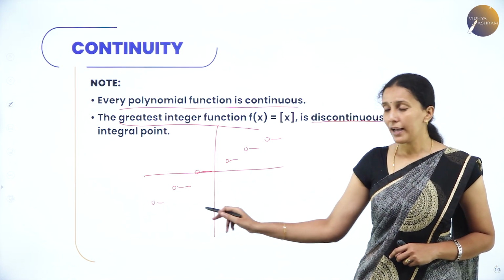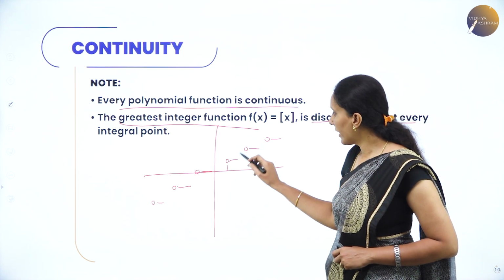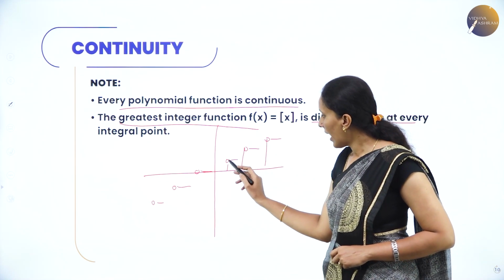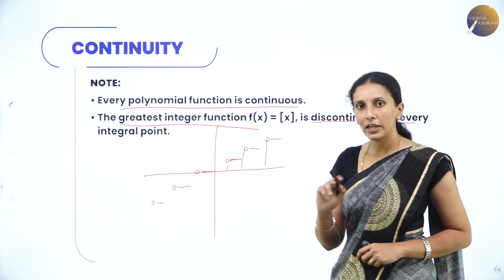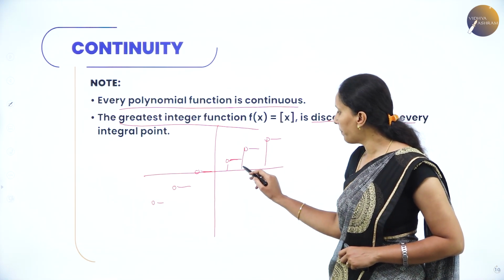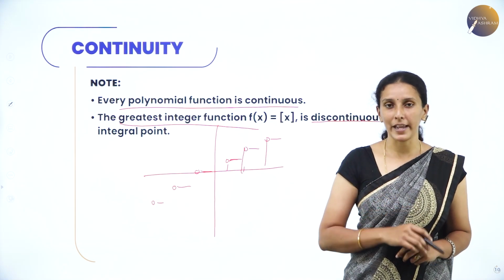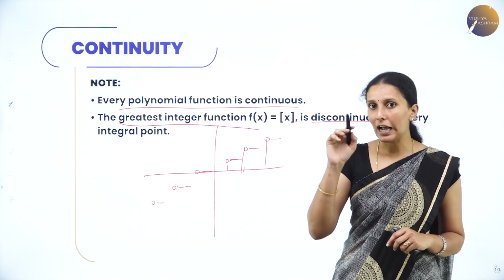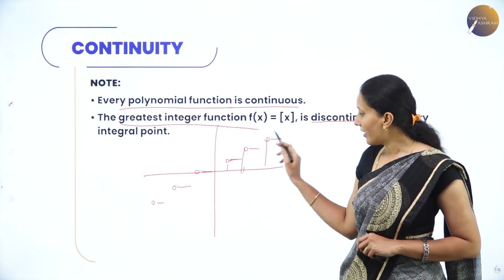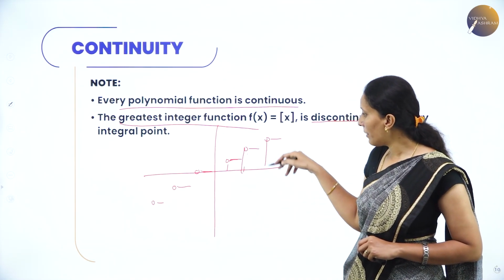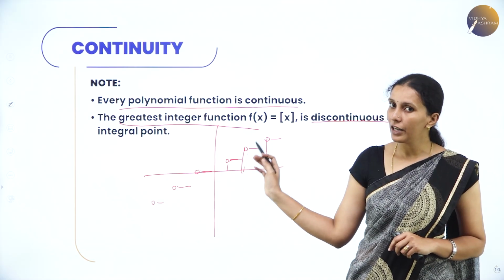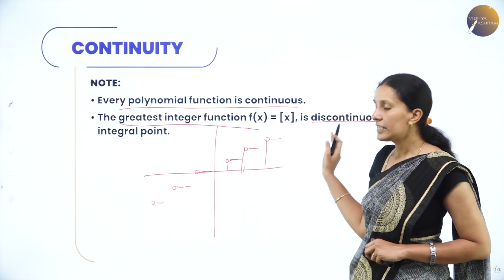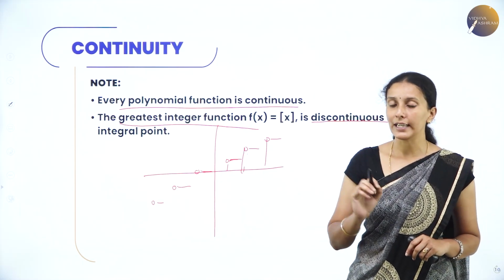Clearly from the graph you can see at every integral point it is discontinuous, and till a certain interval it is continuous, but when it comes to a particular integer it breaks. The point is shifted to another point. So we can't draw the graph without lifting the pen, and since we have many breaks in the graph, clearly we can say it has a discontinuity at all the integral points.